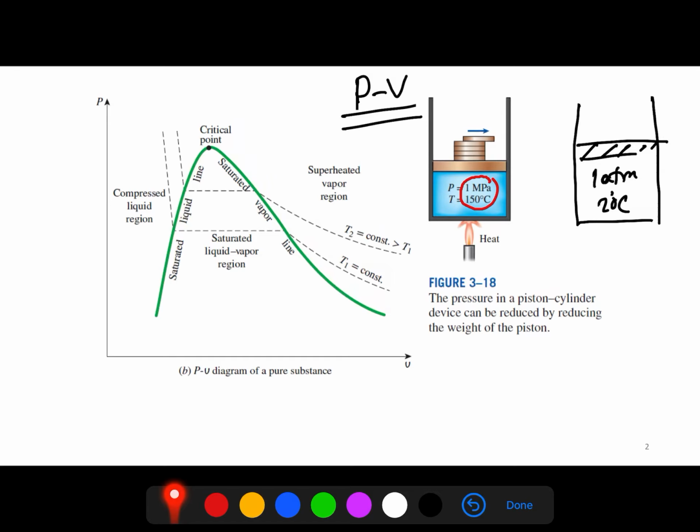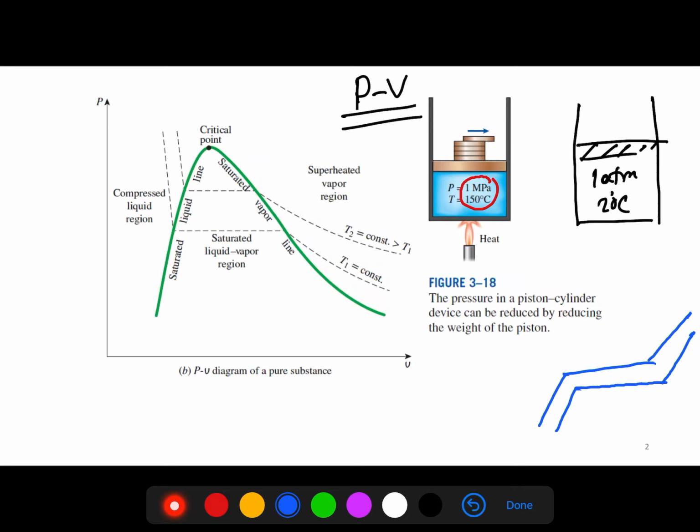So this PV diagram is more or less the same as the temperature and volume diagram. In the temperature volume diagram, we observed curves like this: initially the temperature was like this, then there was the constant phase and the temperature increased.